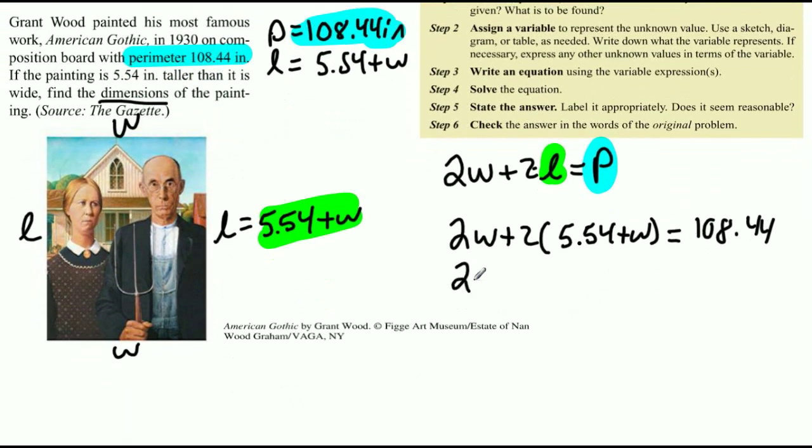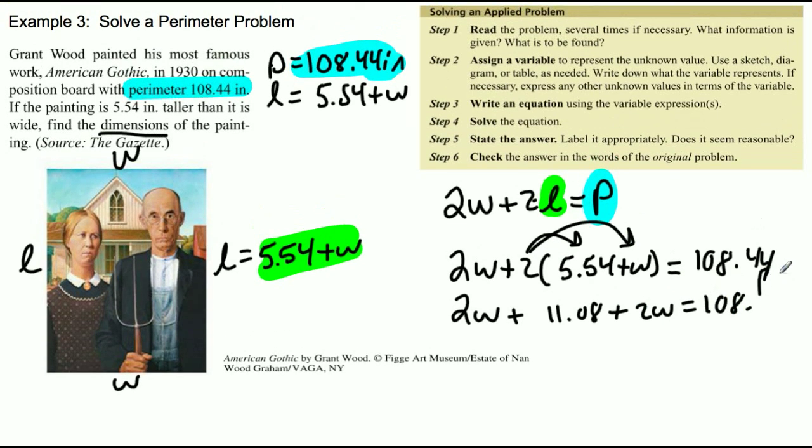So I'm going to bring down my 2W plus, let's go ahead and multiply this guy right here. 2 times 5.54 is 11.08, plus 2 times W, plus 2W, equals 108.44.